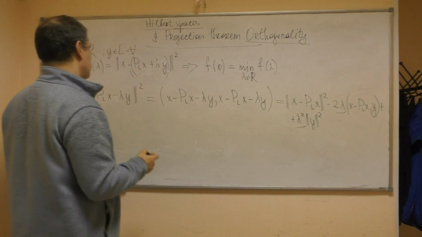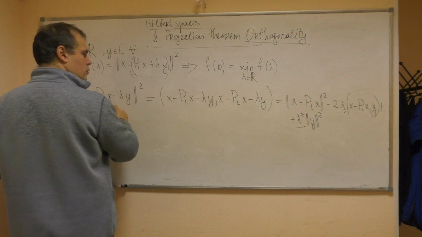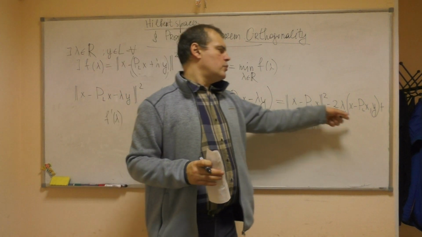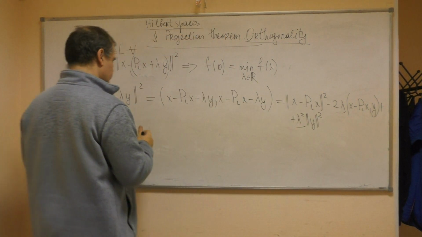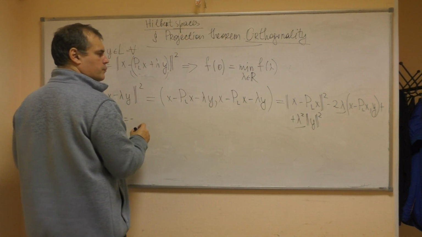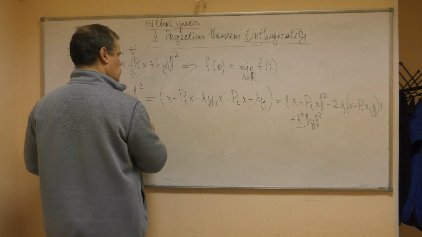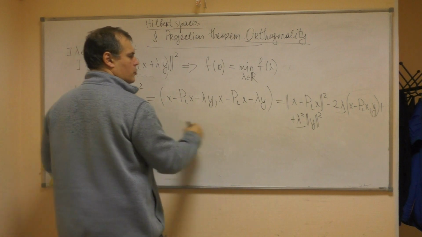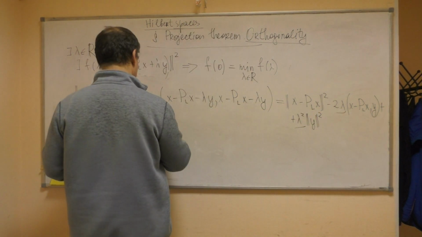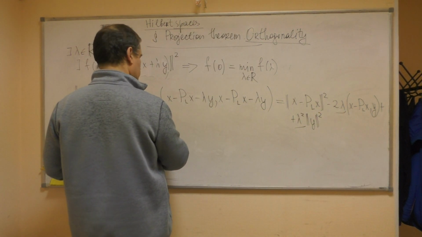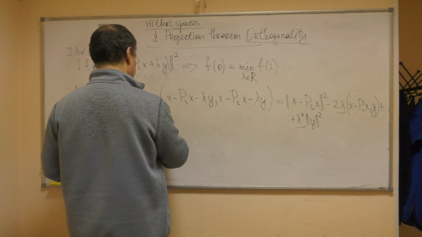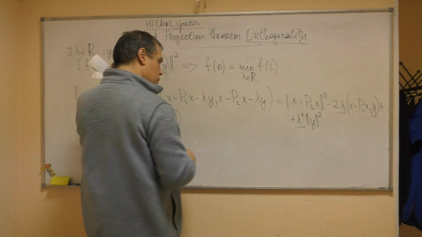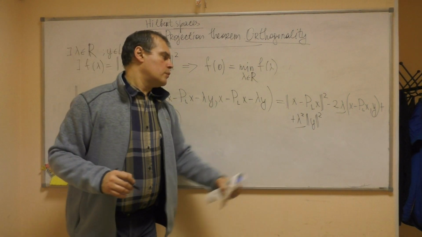Let's calculate the derivative. It's not difficult to calculate the derivative of a quadratic function. Here is a linear part, so the derivative is equal to this, and here is a quadratic part.